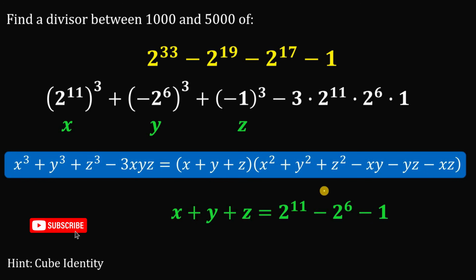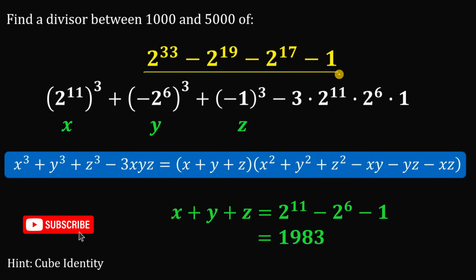And we know 2 raised to the power of 11 is 2048, which is between 1000 and 5000, minus 64 minus 1. Simplify this, we get 1983, and that is the only factor of this number that is between 1000 and 5000, and that is our answer to this question.